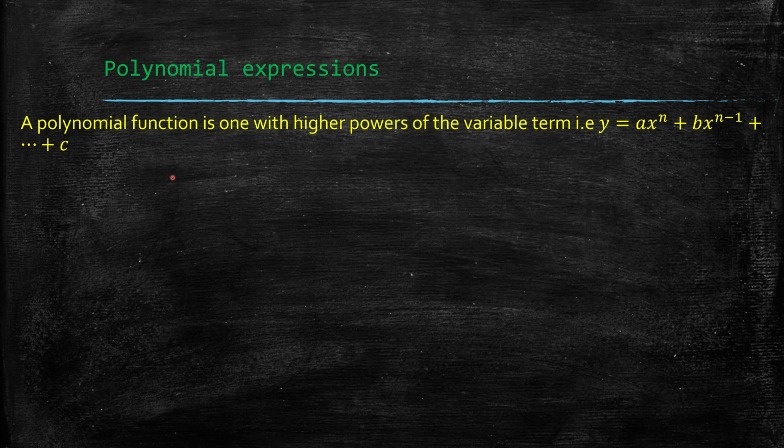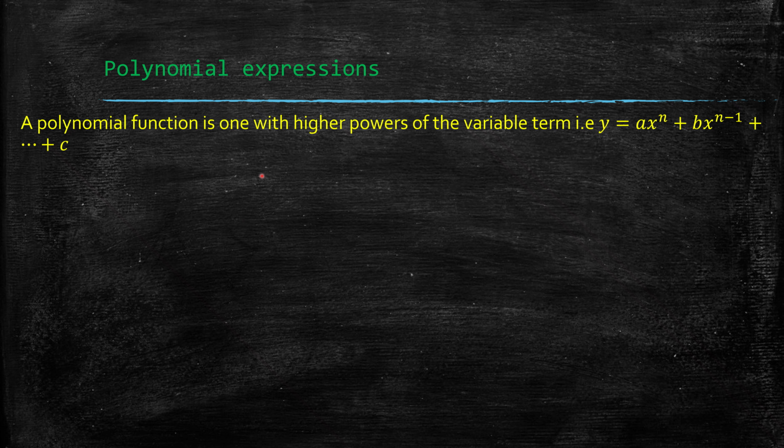When you experience an expression whereby the powers are more than even 3, 4, the n can be 4, 5, 6 or whatever, bigger than that. That means that that is going to become a polynomial function.